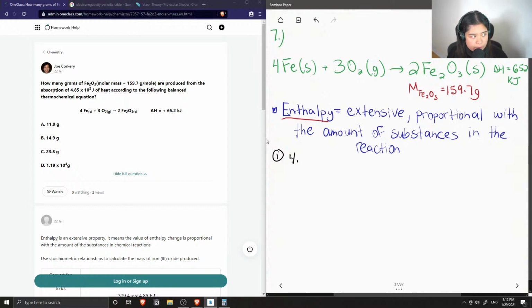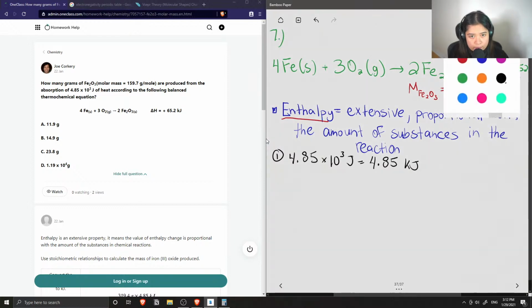So 4.85 times 10 to the 3 joules is equal to 4.85 kilojoules. Now these two values can be related to each other since they are in the same units.